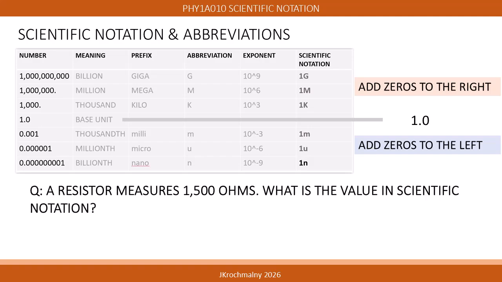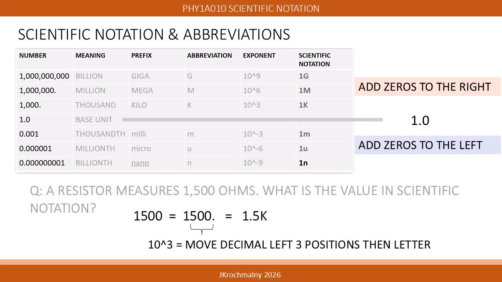Let's try another problem. A resistor measures 1500 ohms of resistance. What is the value of this resistor in scientific notation? Again, feel free to stop this presentation, work the problem, and arrive at a solution. A good first step would be to locate the decimal in the proper location. In this example, the decimal is located at the end of the last zero.